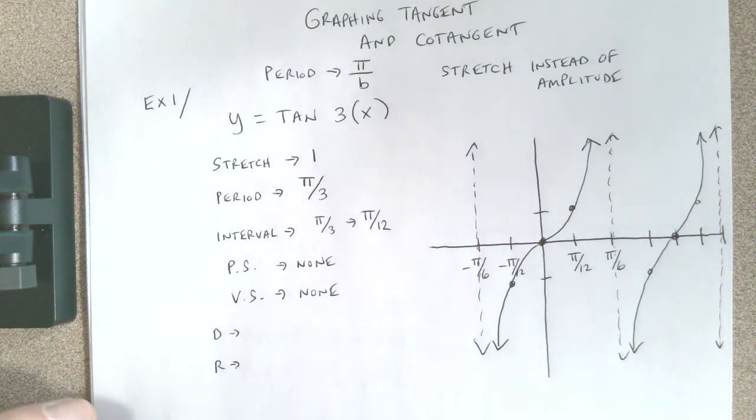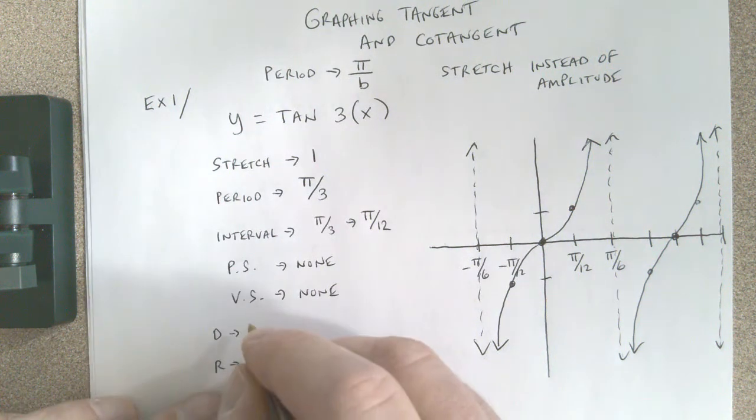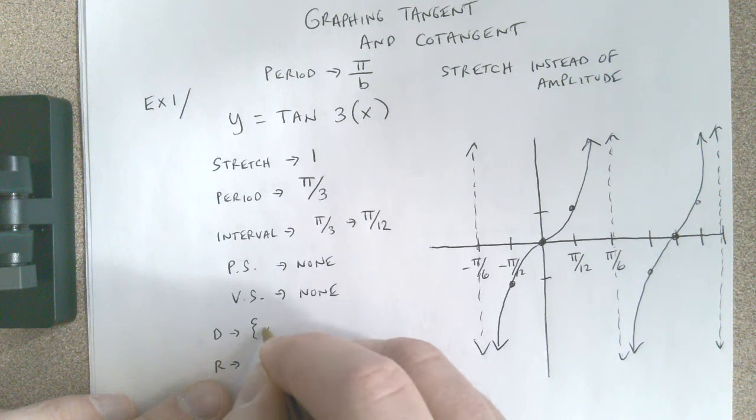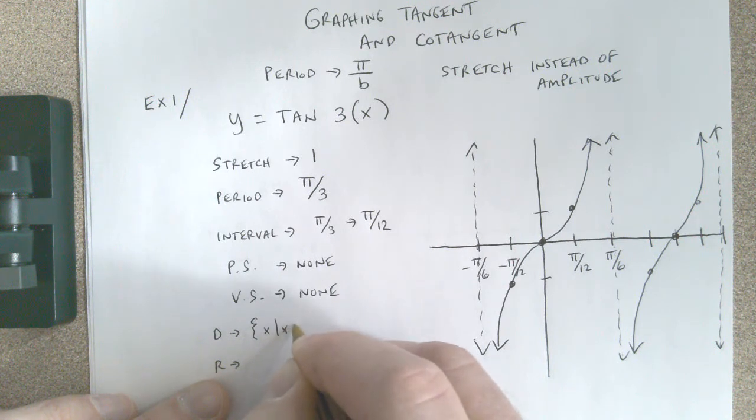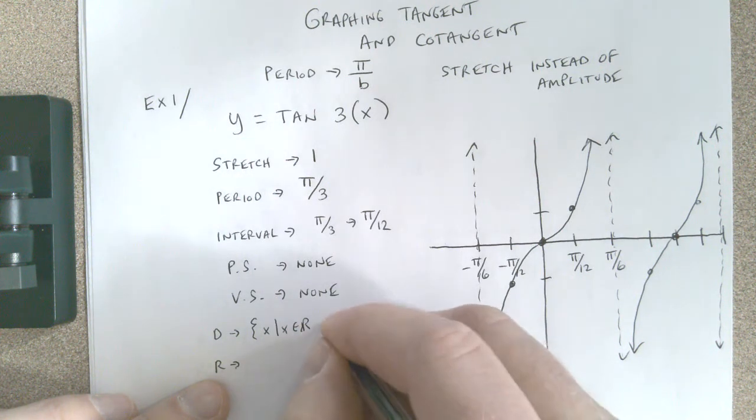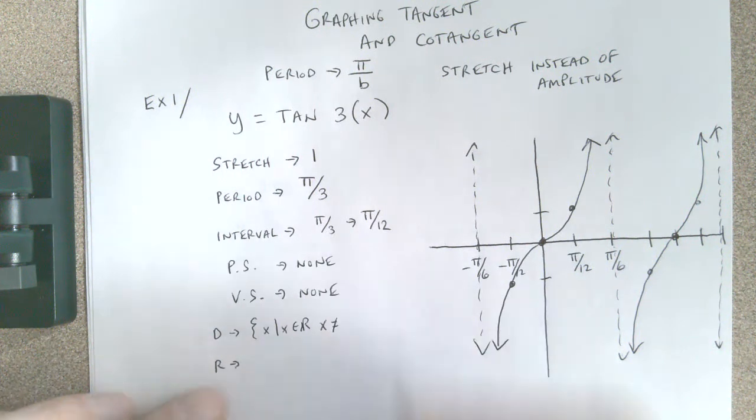Before we look at the cotangent, let's identify our domain and our range. Pretty similar to what we just did with the other asymptote problems with our cosecant. We're going to say for all x such that x is an element of the real numbers, except when x does not equal.